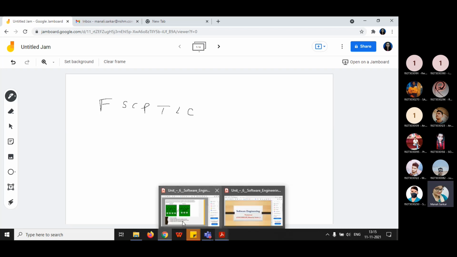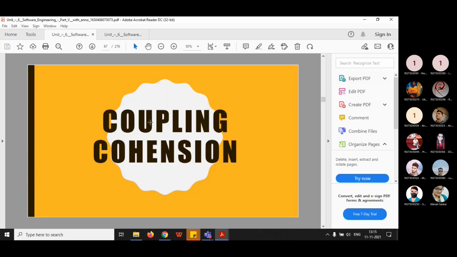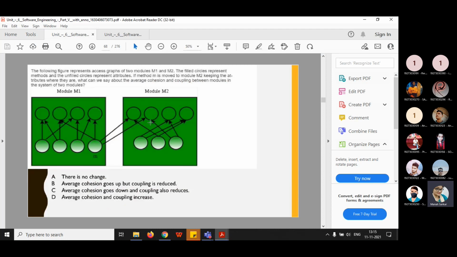See here, cohesion and coupling. Just see the figure and understand the question. The following figure represents access graphs of two modules M1 and M2.